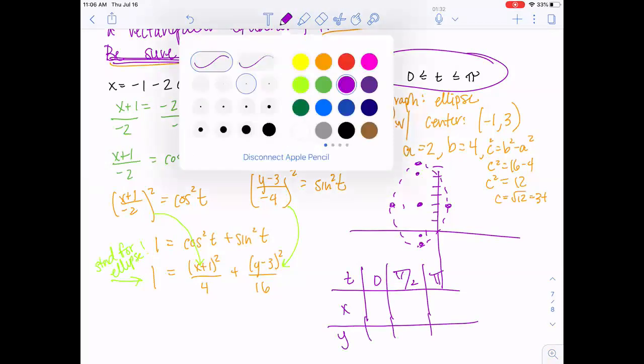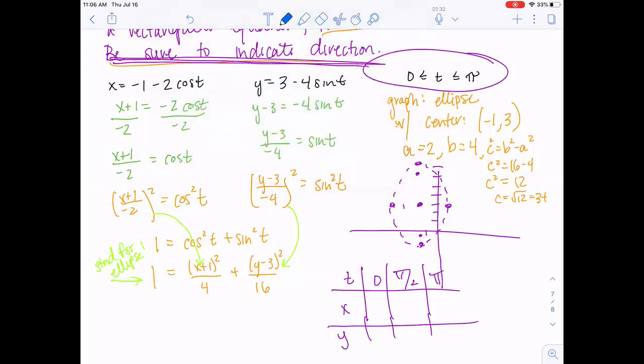Let's do this in blue. When t is 0, x is -1 minus 2 cosine of 0. Plug in t equals 0, so we get -1 minus 2 times the cosine of 0, which is 1. So -1 minus 2 is -3.